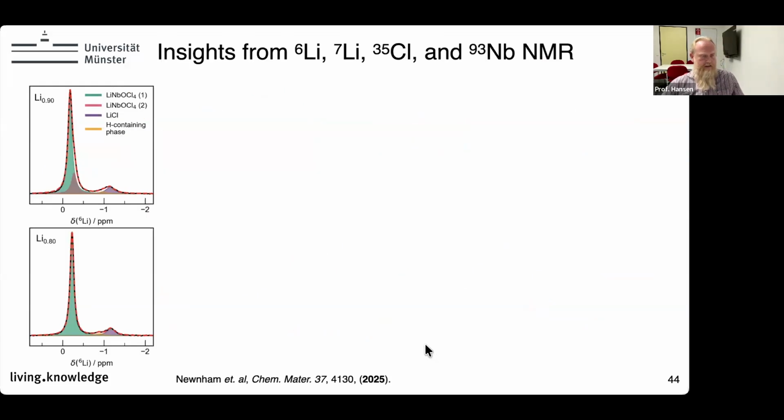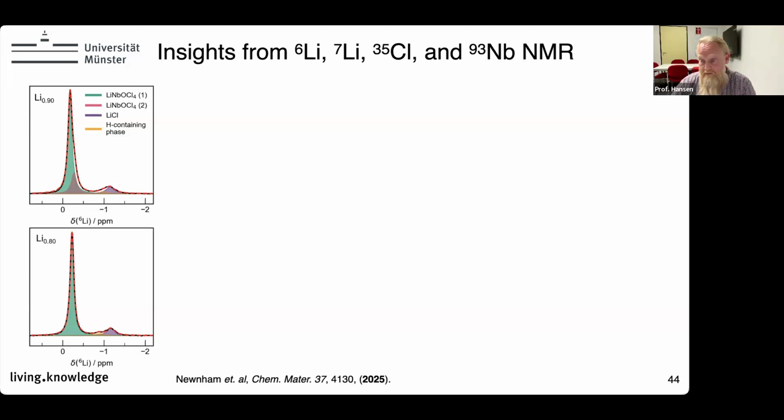So here are the lithium-6 spectra, and for two different phases you see two different environments for lithium. You can also detect some lithium chloride from the synthesis, and you can also detect a phase which can do cross-polarization. So there's apparently also a hydrogenated or an OH type of phase in the 0.9 phase here.